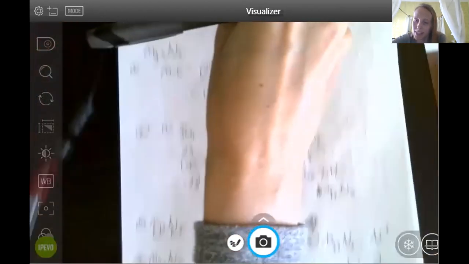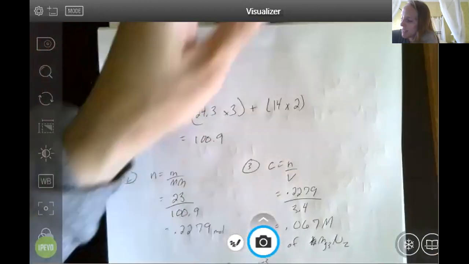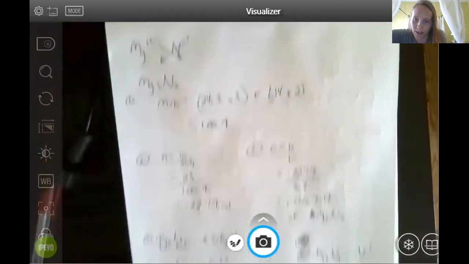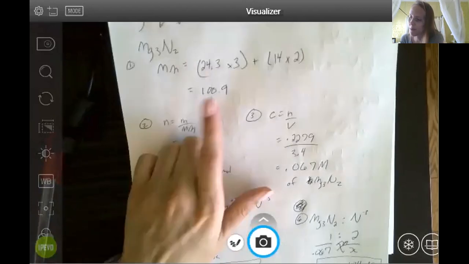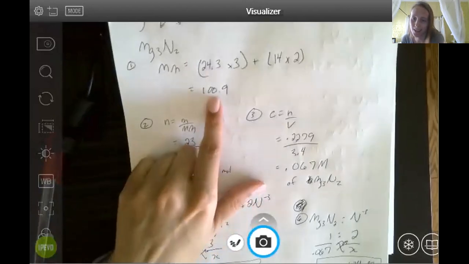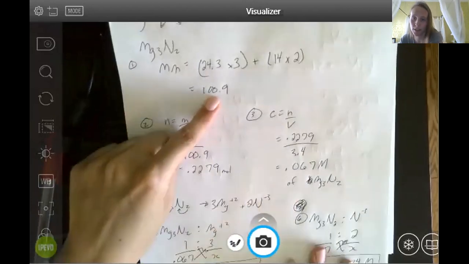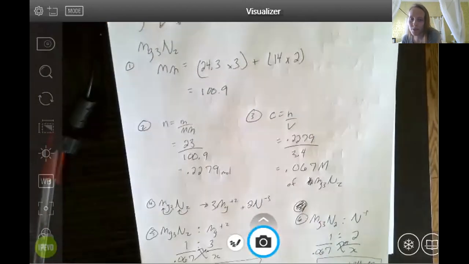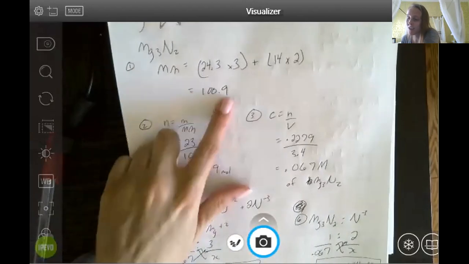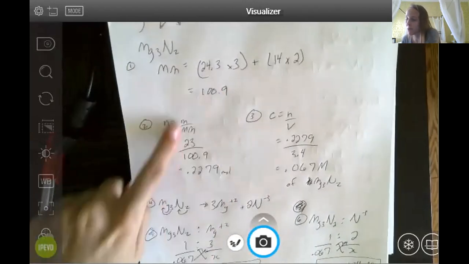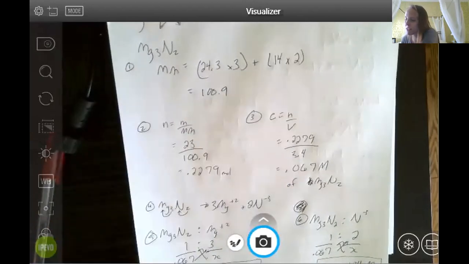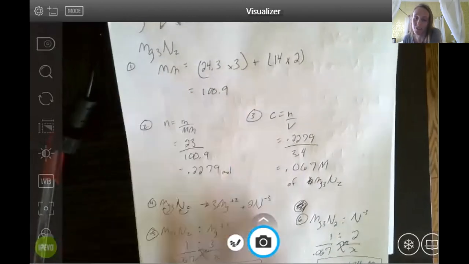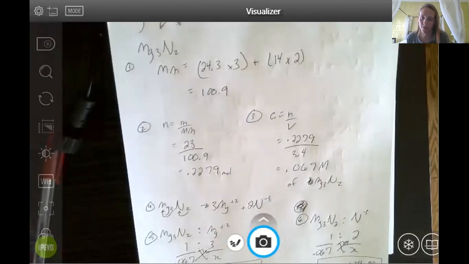So for example, in this problem here, which had quite a few steps, if you had gone wrong right off the bat here, finding your molar mass, everything else would have been wrong. But if you had your steps all nicely labeled like this, and I took your raw number and plugged it into all of your steps that you did from there on out, and everything else was right, you would get 0.75 out of 1.